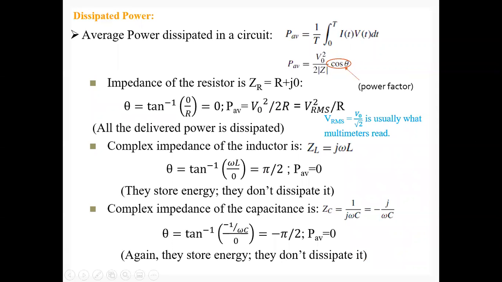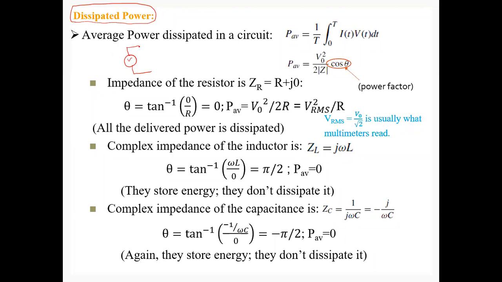Okay, now let's do the dissipated power here. The power lost, right? Suppose the power lost in an LCR circuit. So you have an AC source, right?